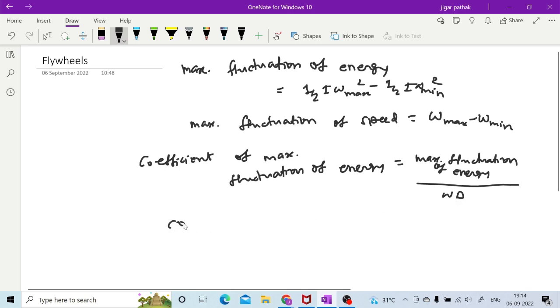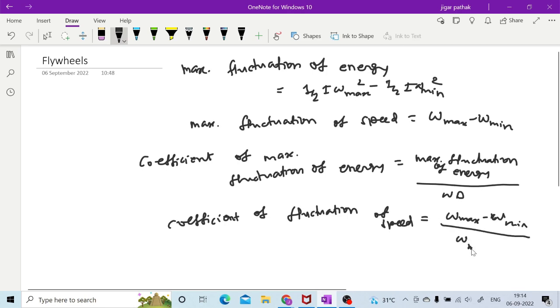And similarly, the coefficient of fluctuation of speed is given by omega max minus omega mean divided by the average or mean of both the speeds, like omega max plus omega mean by 2. So this is how some of the things are required, right?